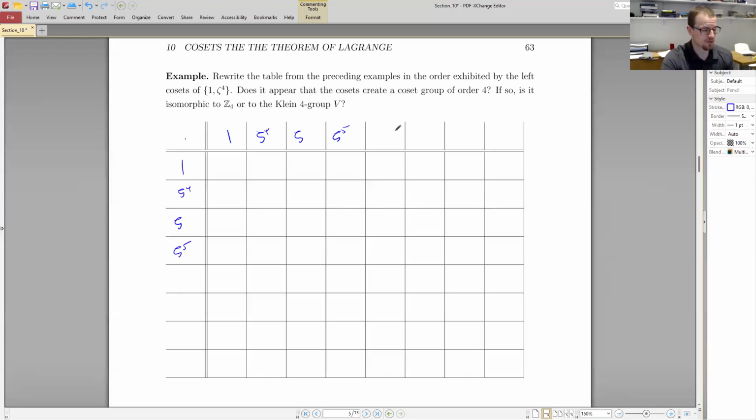Our next coset was zeta squared and zeta to the 6th. And then our last coset was zeta cubed and zeta to the 7th.